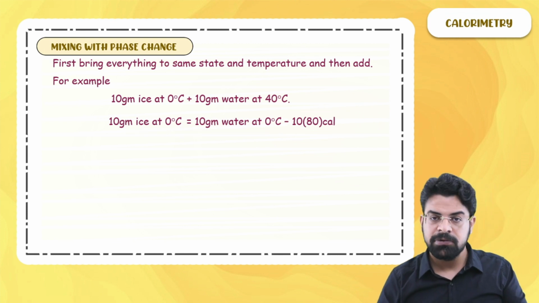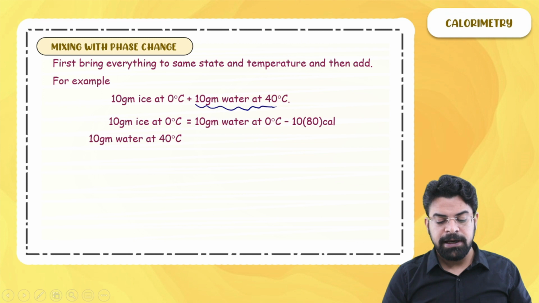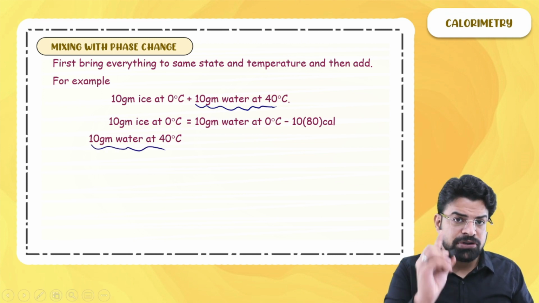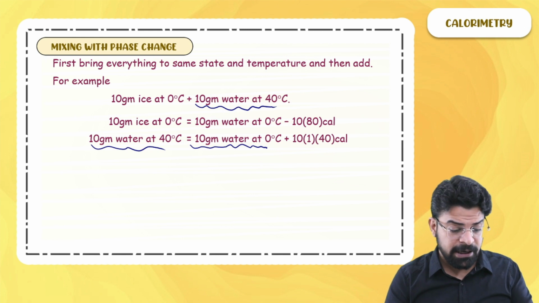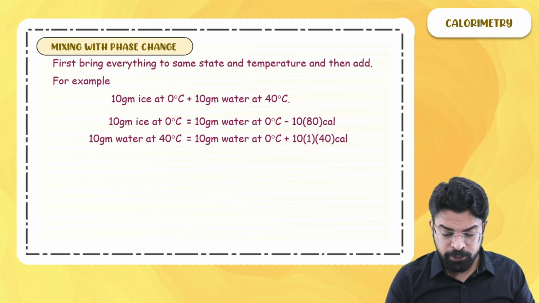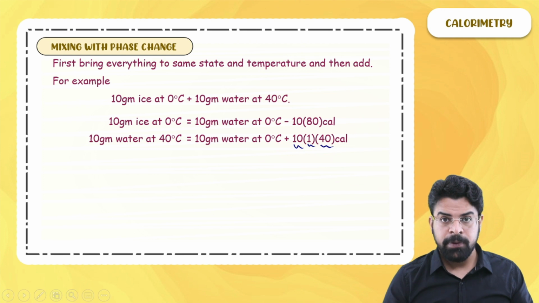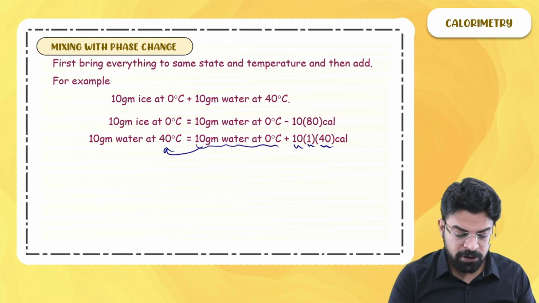Next, having 10 gram of water at 40 degree centigrade is as good as having 10 gram of water at 0 degree centigrade, to which you are going to provide heat. How much heat? m s delta T. So if you provide a heat of 10 into 1 into 40 to 10 gram of water at 0, what will you get? 10 gram of water at 40.